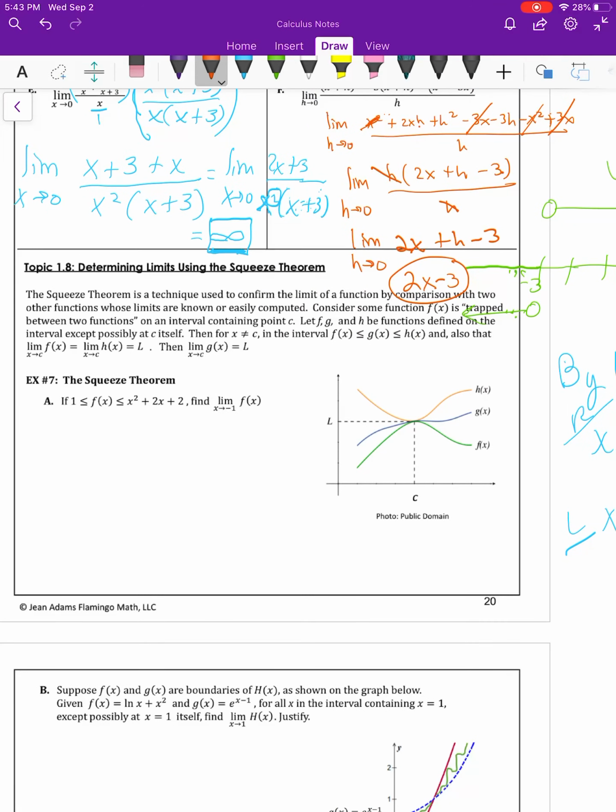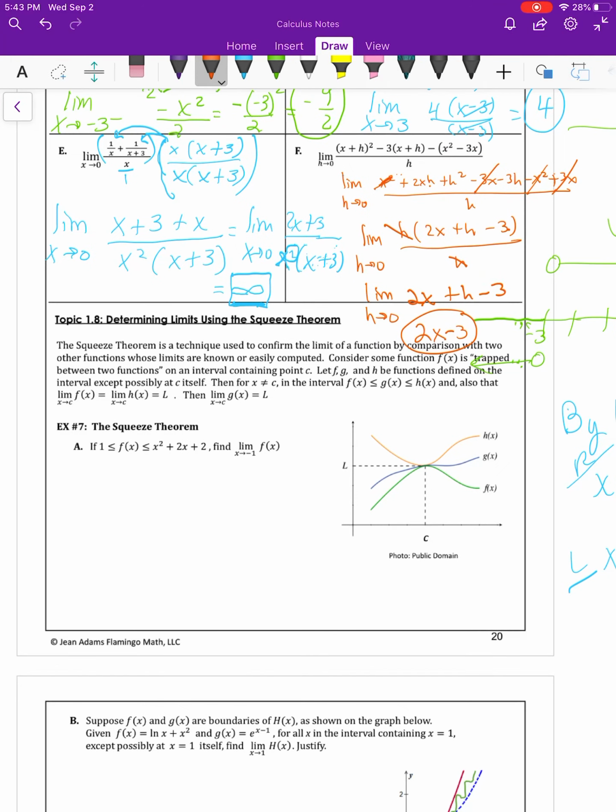Okay? And now the very, very last thing is something called the squeeze theorem. And this is not going to be the only time you talk about the squeeze theorem, but you got to kind of start getting yourself ready for it. So the squeeze theorem, basically, you see this blue function right here. This is your main function that you're trying to figure out the limit of.